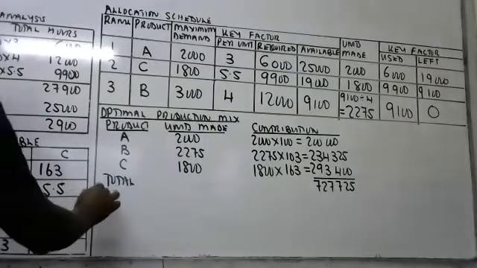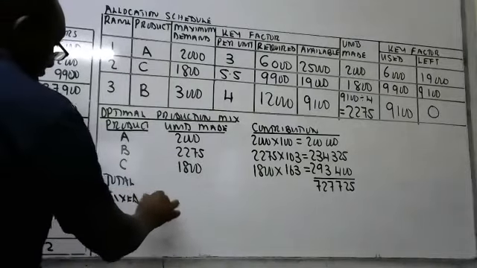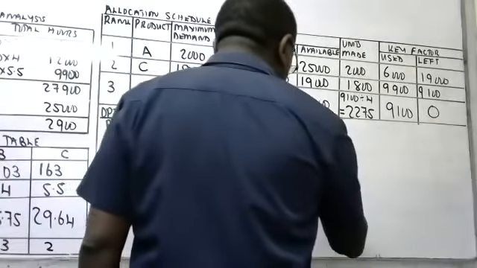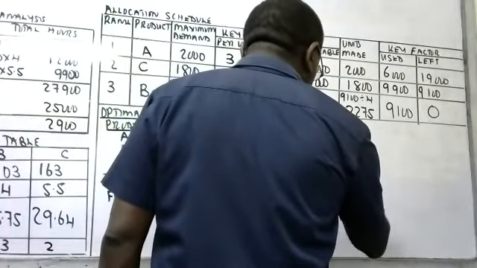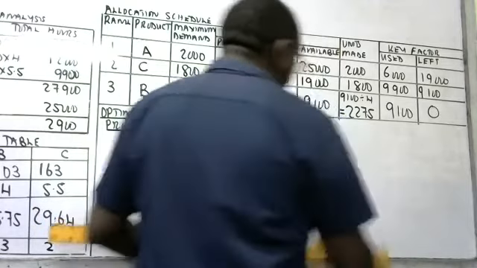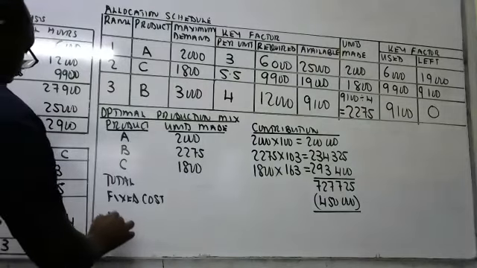Then you say fixed costs. Now fixed cost is 450,000. So you less it, and when you less it, you get net profit.